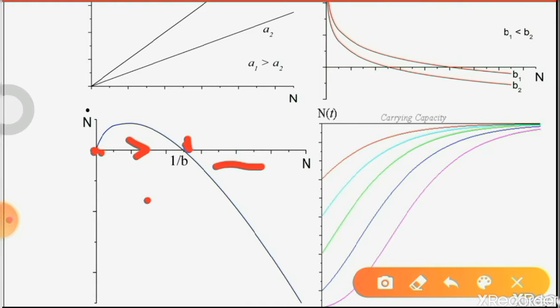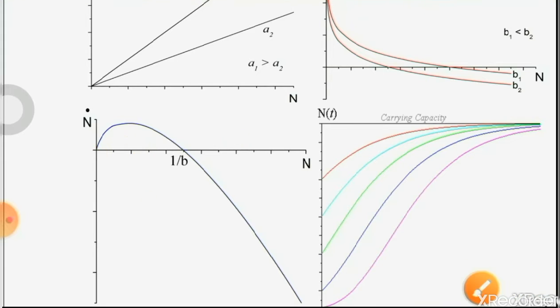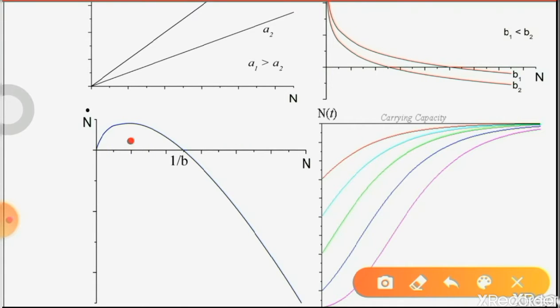So, the flow will be towards the left side. Okay. So, we have the directions of flow as here at this part the flow is towards right. So, basically n is equal to 0, the origin, is an unstable fixed point, and n is equal to 1 by b is a stable fixed point.